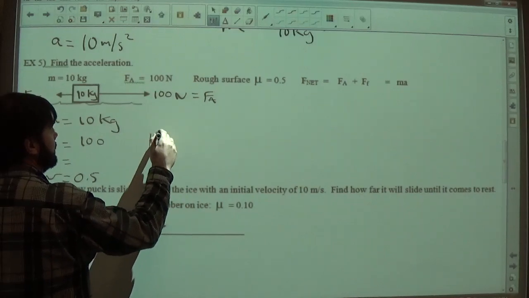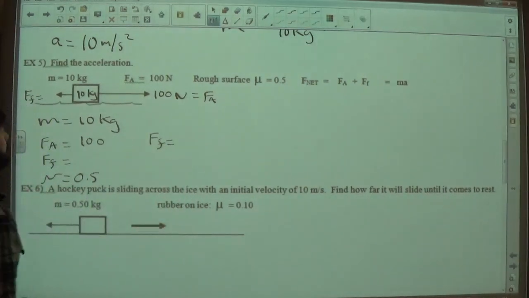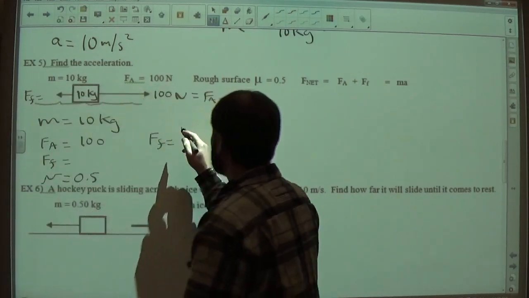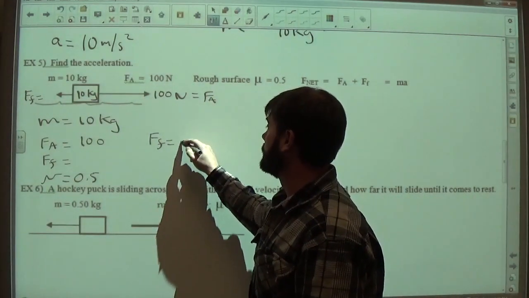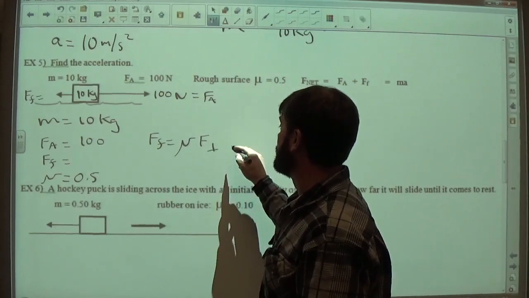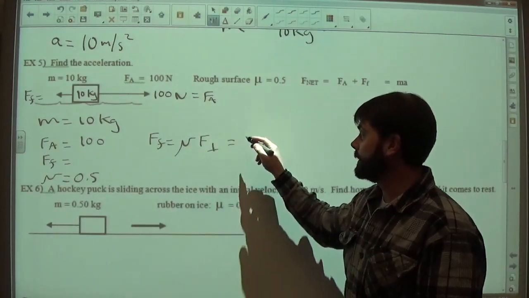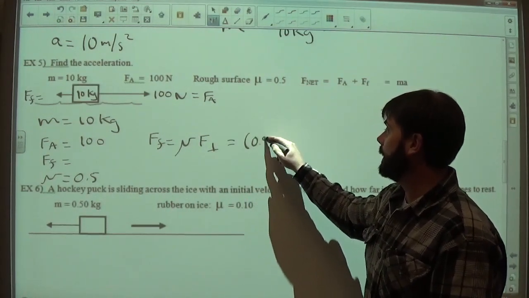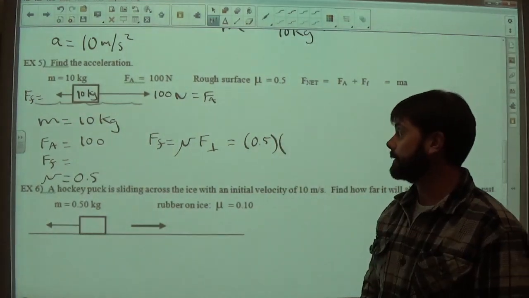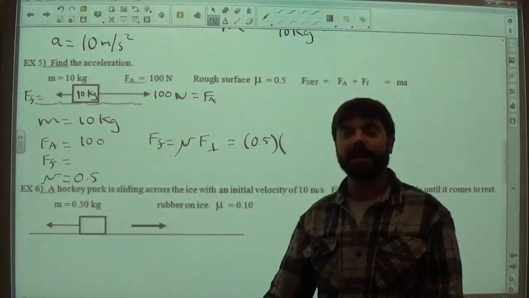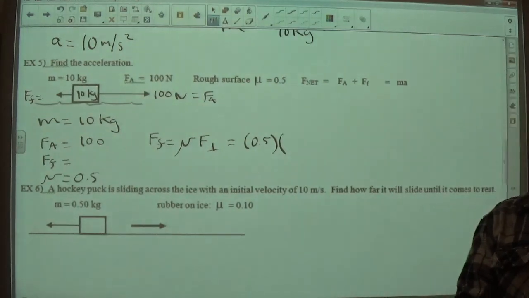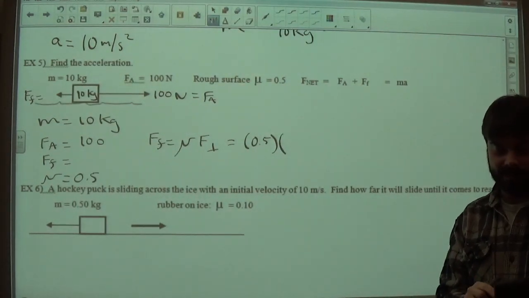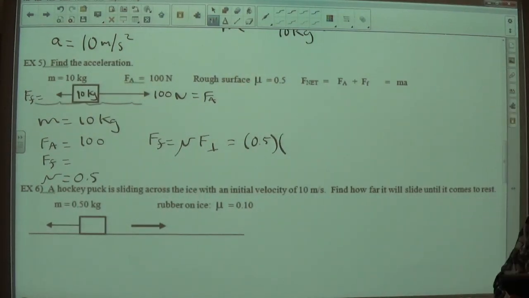So the first thing I want to do is figure out this frictional force. So I find my force perpendicular and my mu. The mu itself is 0.5. The force perpendicular is not equal to 10, but it's equal to 10 times 9.8, because we've got to change that mass into a force.